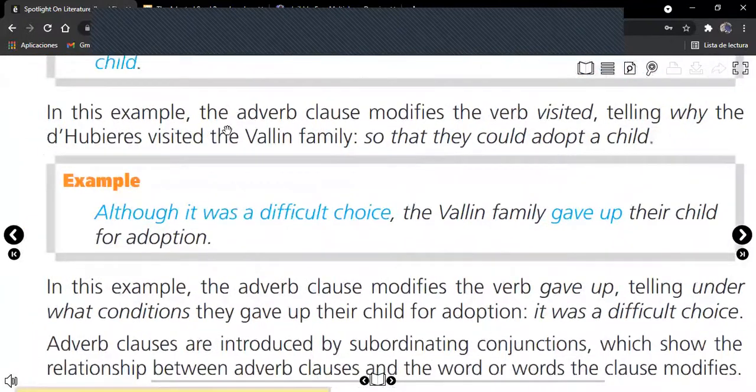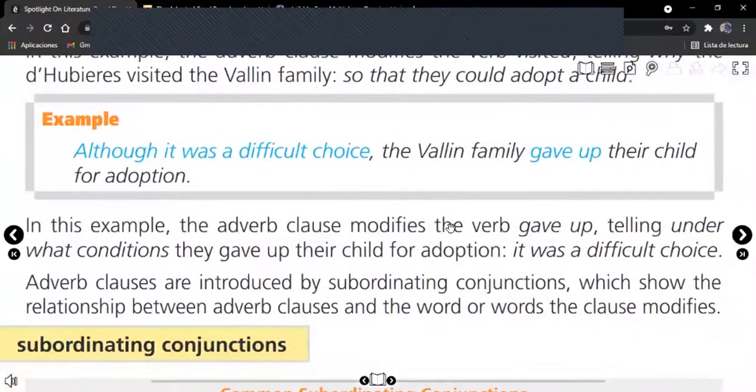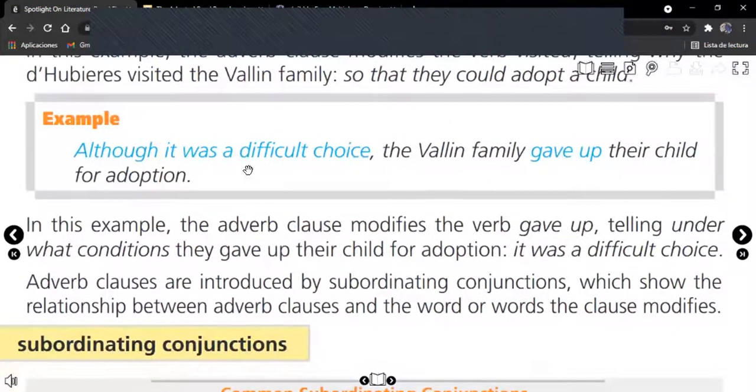In this example, the adverb clause modifies the verb visited, telling why the Cuviers visited the Balland family so that they could adopt a child. Another example here. Although it was a difficult choice, the Balland family gave up their child for adoption. So in this case, the verb that has been modified is gave up.